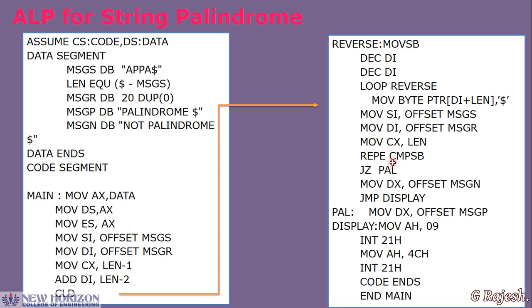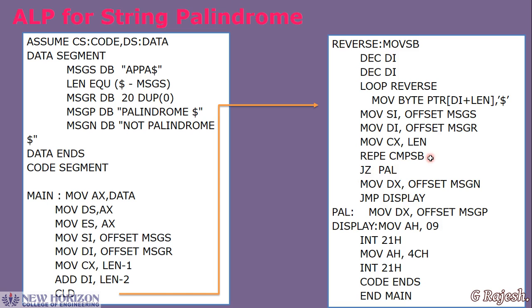At any point, if this comparison fails and they are not equal, immediately we come out of this repetition and out of the comparison process. Since it is a non-zero value, we check the condition of JZ, jump if zero.